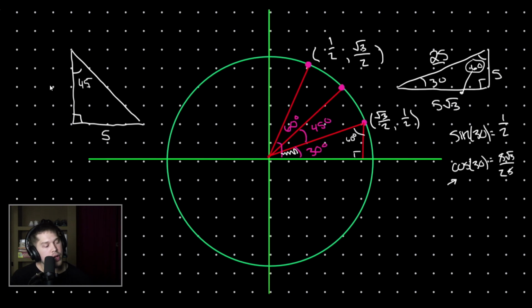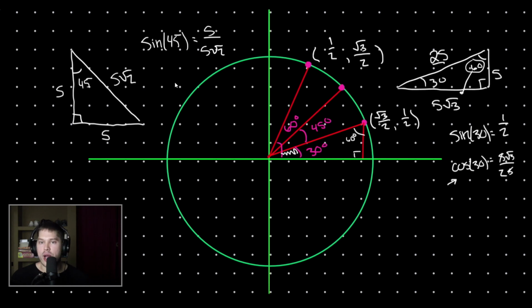And this is another special right triangle where we know the legs of the triangle to be s and the hypotenuse to be s root 2. Thinking of SOHCAHTOA, we know that the sine of 45 degrees is going to be equal to opposite, which is s, over the hypotenuse, which is s root 2.